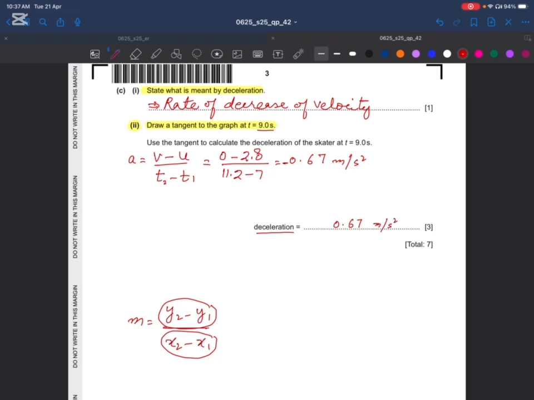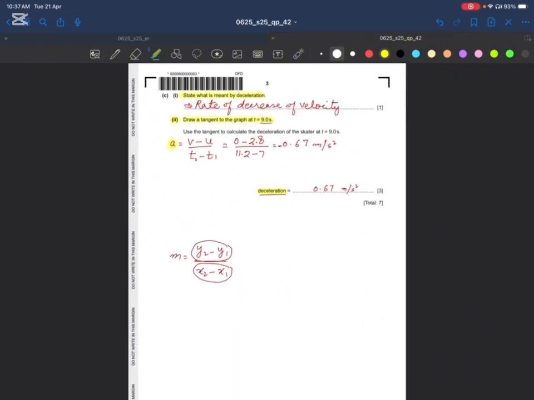I hope you have understood this point, that we will not use the negative sign when we write the value, because over here they have already mentioned deceleration. The formula we have used here is for the acceleration, so be careful of this change. You need not write the negative sign with this answer.